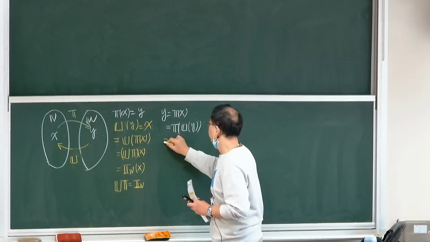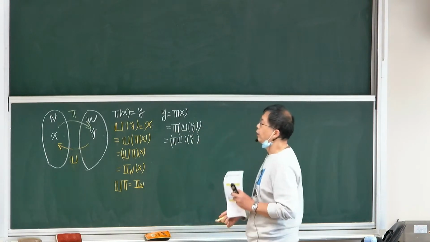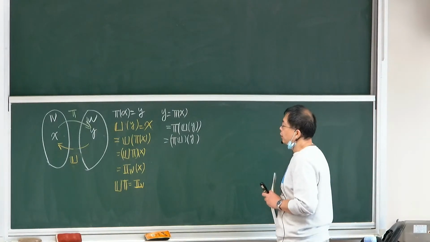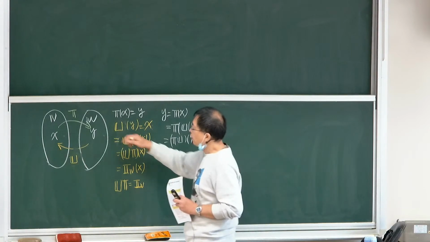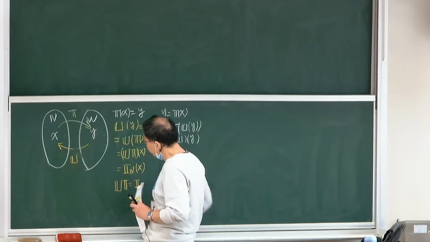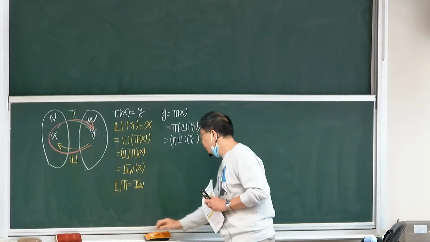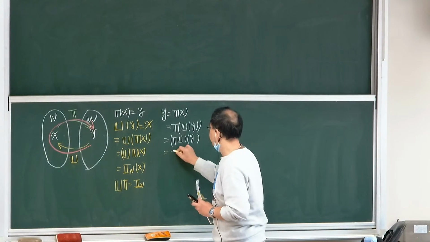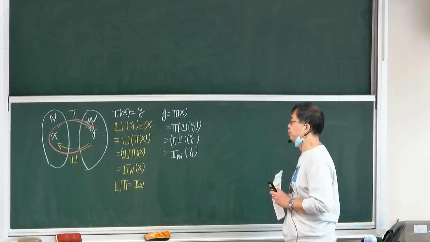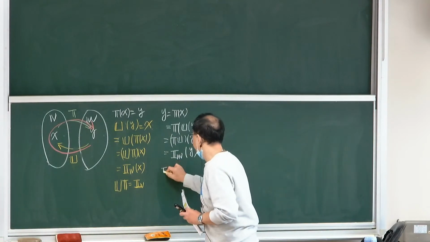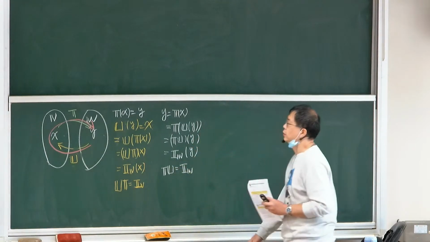From the same argument, we have TU, the composition of linear transformations, transforming the vector Y. If we go this route from here to here, we find that this is an identity transformation in vector space W. So then we have TU equals I_W.